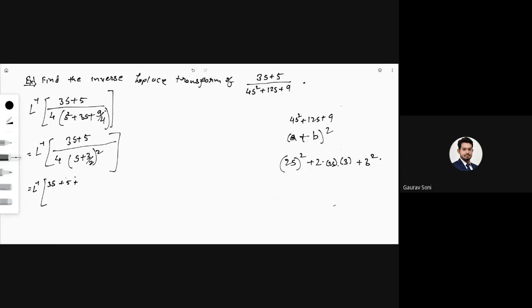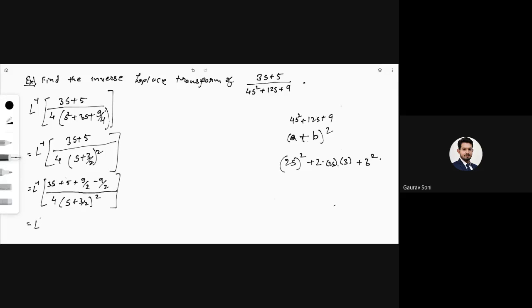I need s plus 3 by 2 in the numerator, so 9 by 2 minus 9 by 2. I've added 9 by 2 and subtracted 9 by 2, and in the denominator (s plus 3 by 2) square.